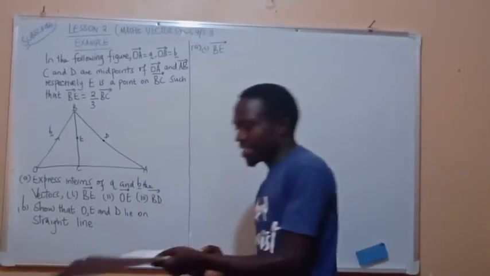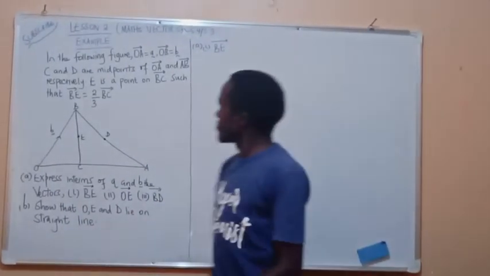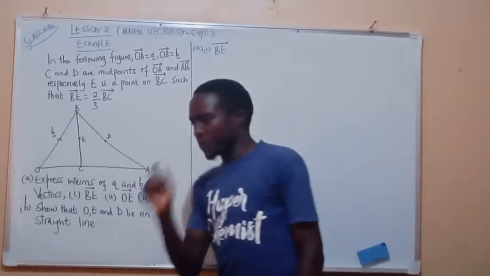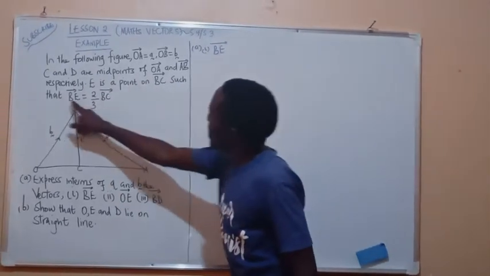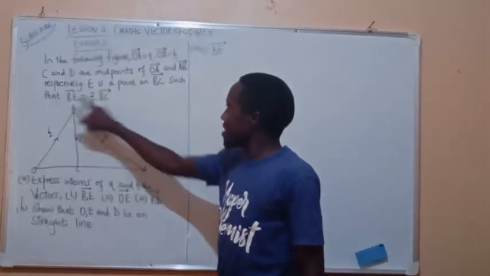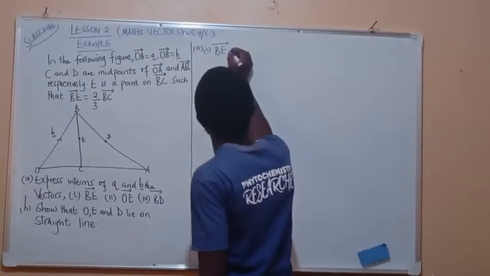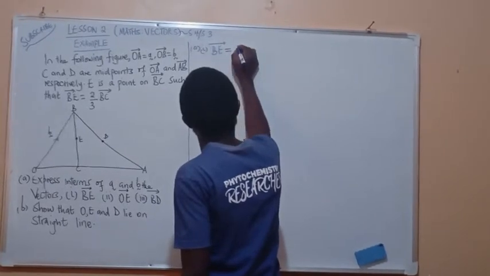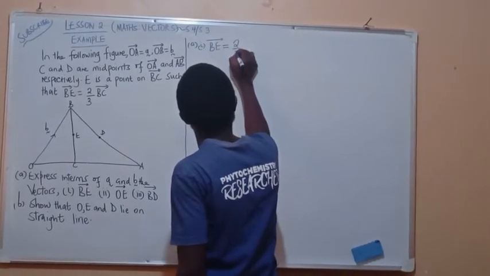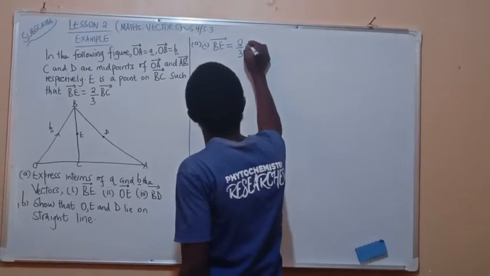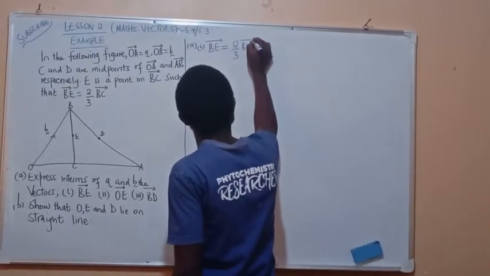Rina, how do you get vector BE? Good. Rina is saying that they have already given it here, that BE is 2/3 of BC. So you say that BE is 2 out of 3 of BC.